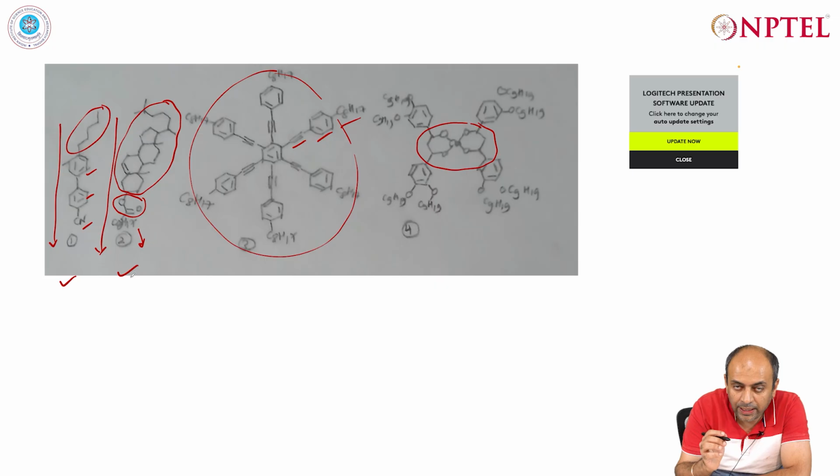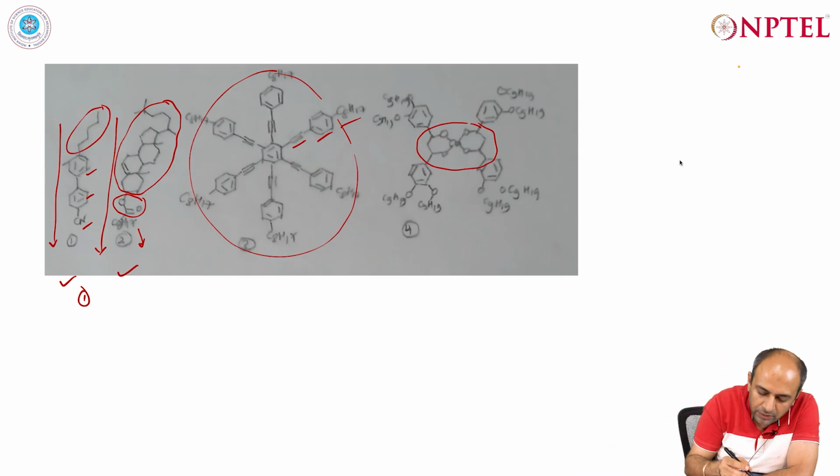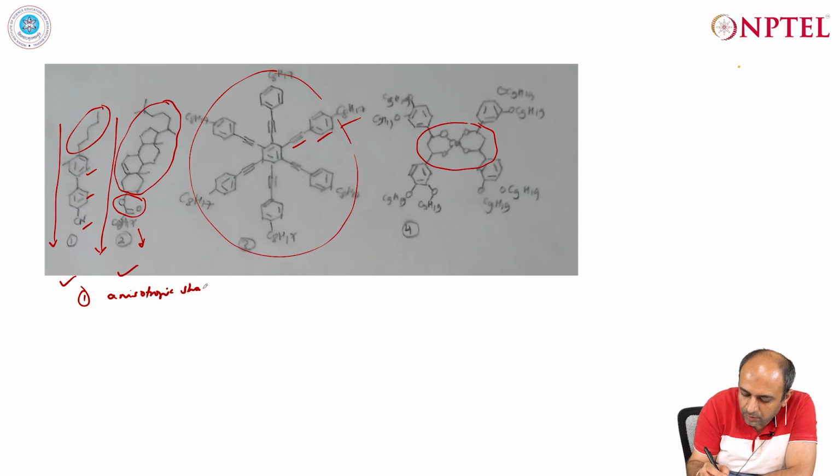The second thing to keep in mind is that, the first thing we talked about is the anisotropic shape of these mesogens.